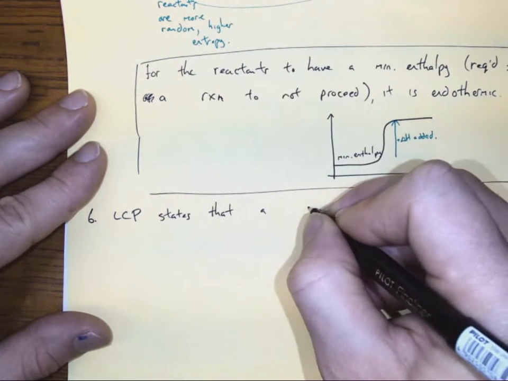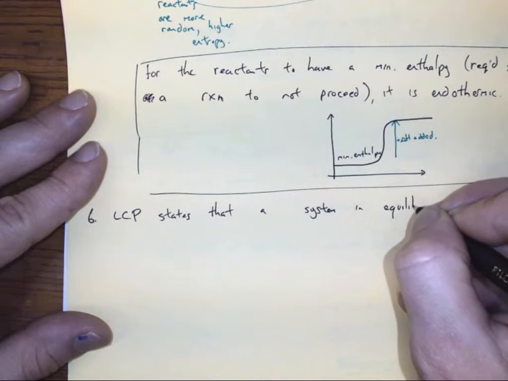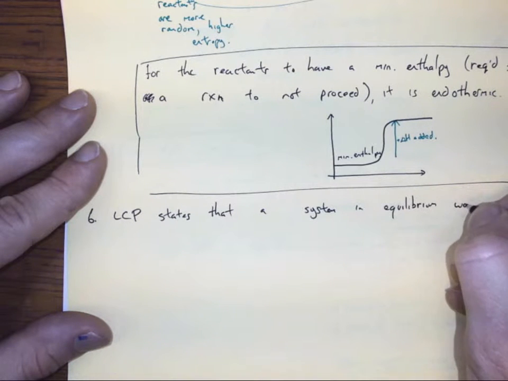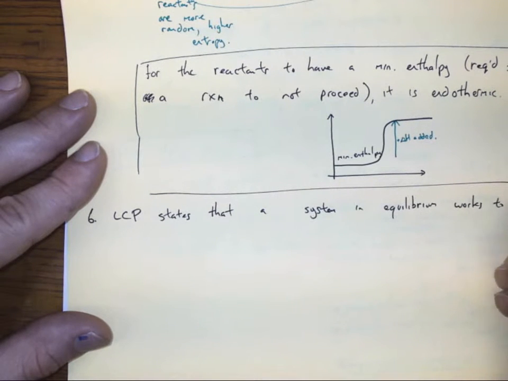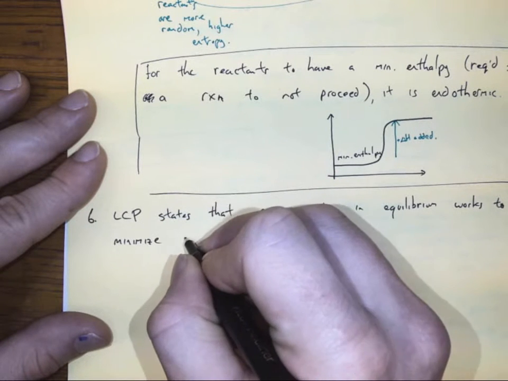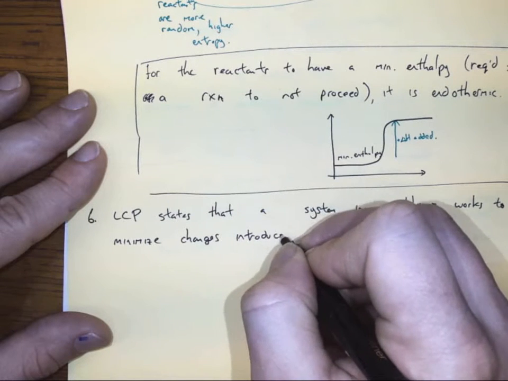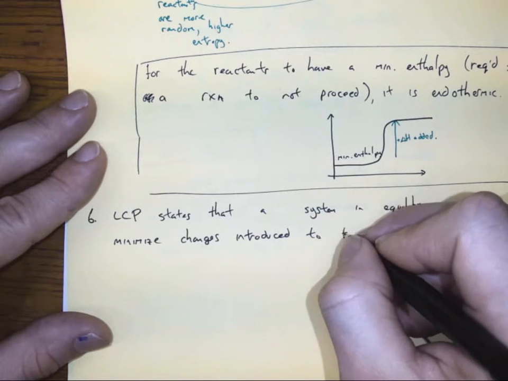that a system in equilibrium works to minimize changes introduced to the system.